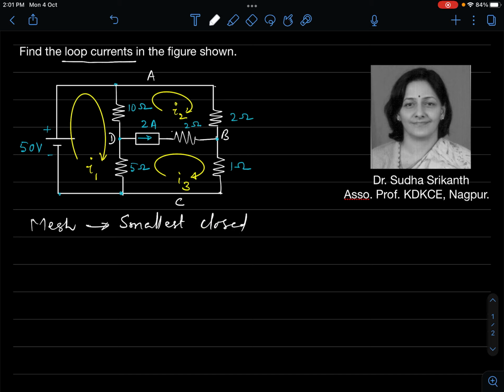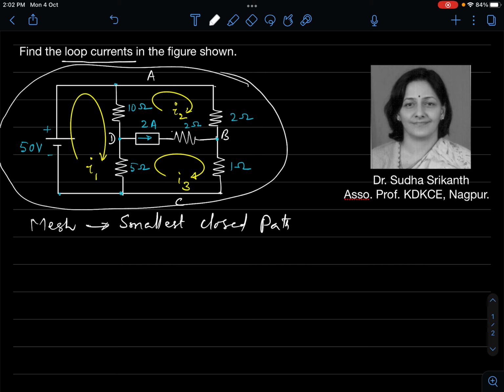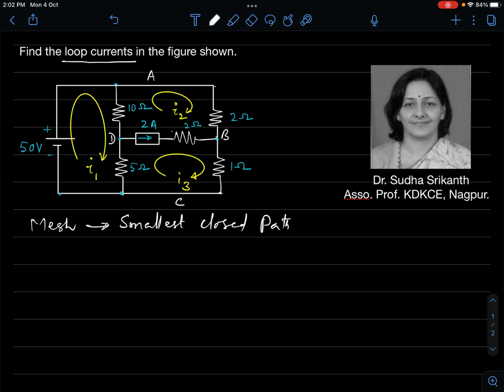What example I normally give in my class to students is, if this entire thing is a house, you can see there are 3 rooms. This is room 1, room 2, room 3. Those small closed paths are what we call meshes.